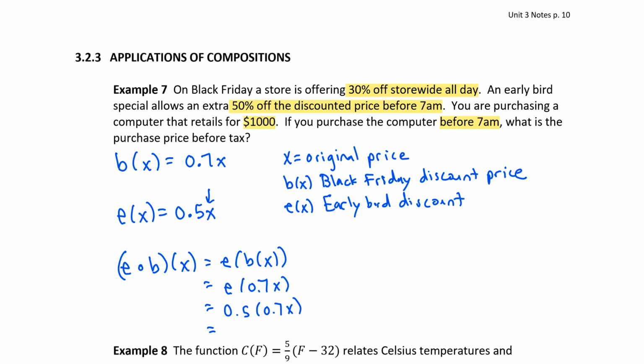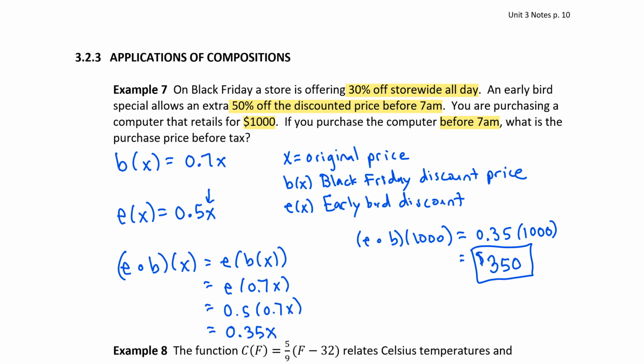And what do we end up with? We end up with 0.35x. So if our original price was $1,000 and we apply both of these discounts, we're going to pay 0.35, or 35%, of 1,000. So we will pay $350 for that computer.